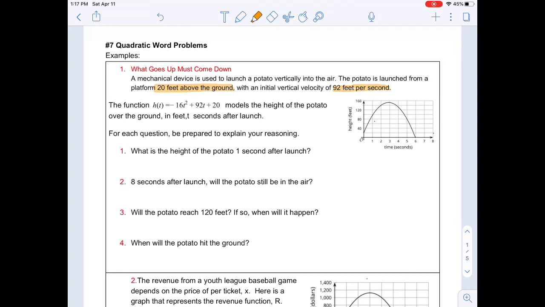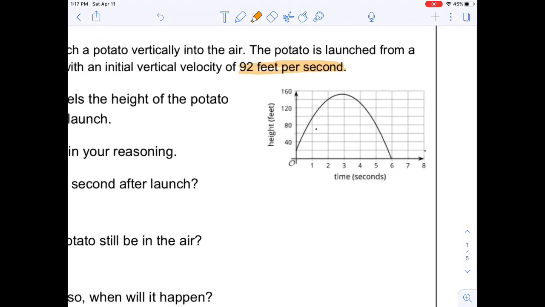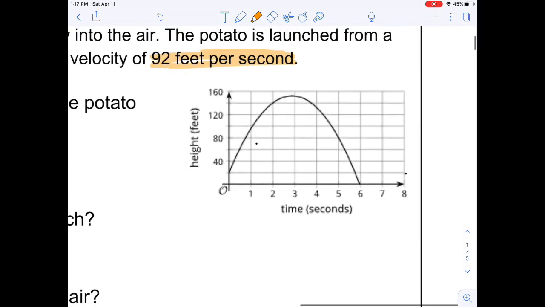The function h of t, the height at time t, is negative 16t squared plus 92t plus 20, and it models the height of the potato over the ground in feet, t seconds after the launch. For each question, be prepared to explain your reasoning.